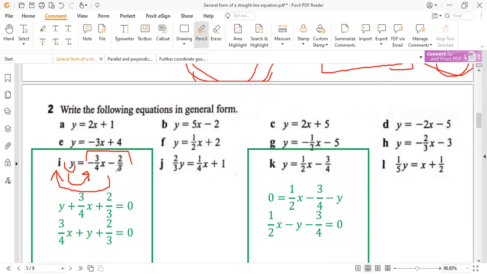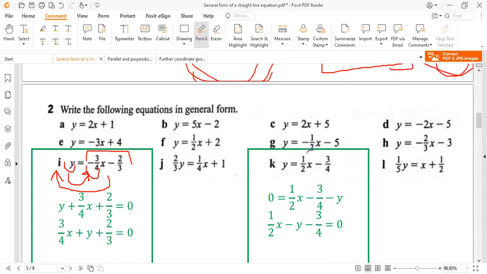Here, I prioritize moving -3/4 x - 2/3 to the left hand side of the equal, because the coefficient of x is negative. When moving these terms, we will obtain positive coefficients.